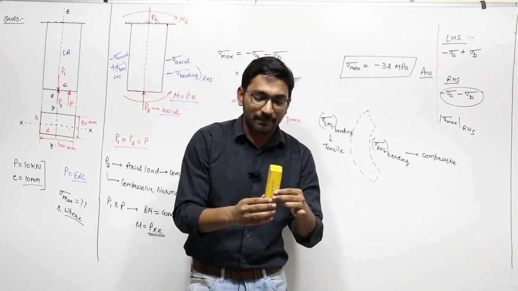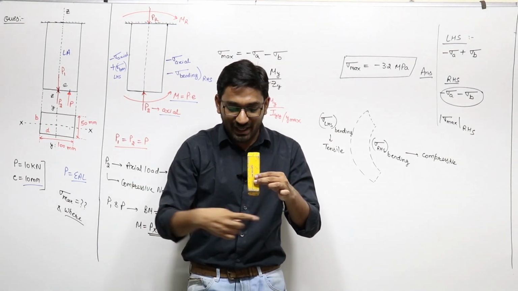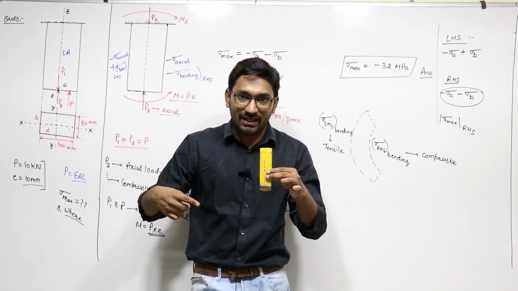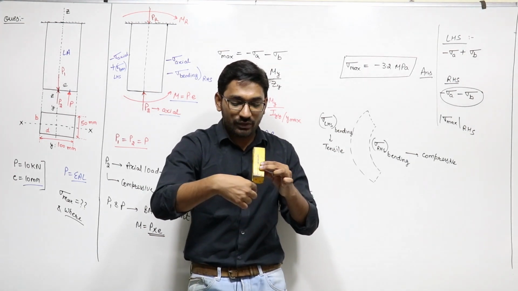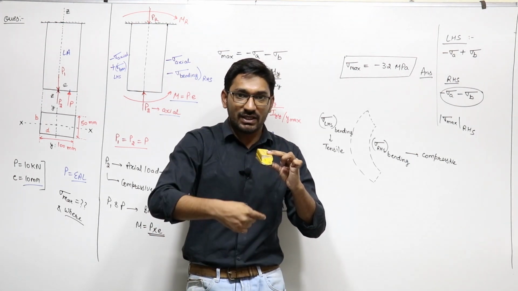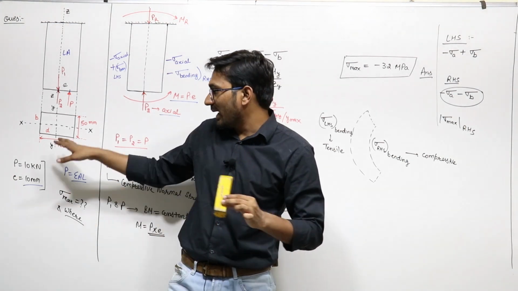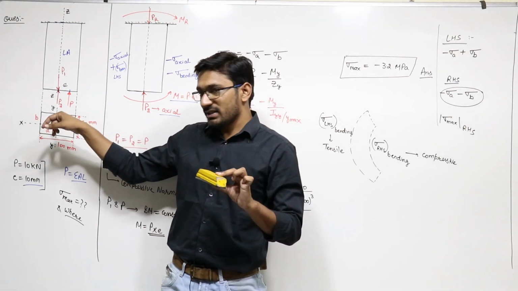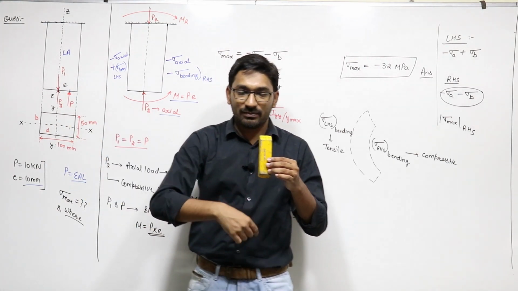Again, this is the z axis, this axis in the plane of cross section is x, and this inner axis is y. So if you rotate this like this, this axis is y and this axis is x. So y axis is this one.